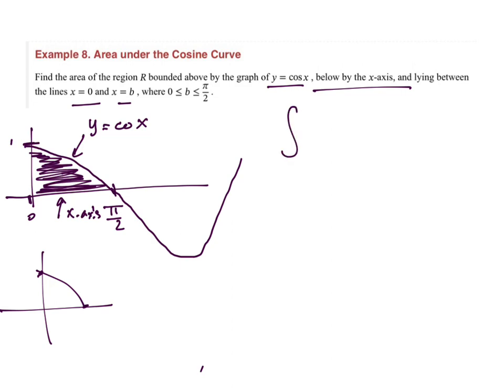So this is going to be the integral on 0 to b of cosine x dx. What is the antiderivative of cosine? Sine. Good. So we're going to evaluate sine x on the interval from 0 to b.